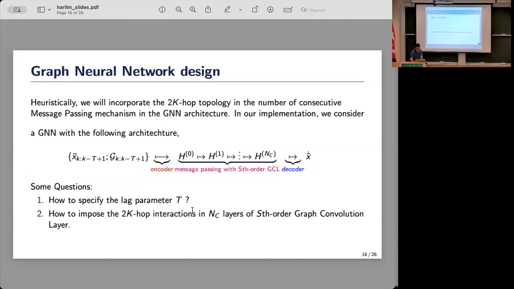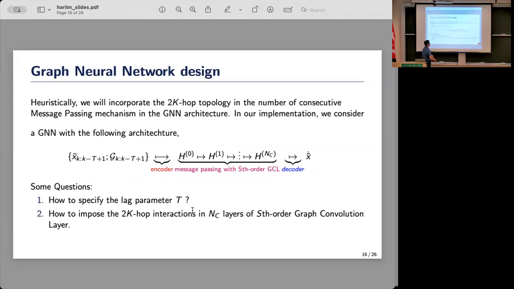Okay. Now, how am I going to use that information to inform graph neural networks? Here, I don't have a fancy picture to show you, but I hope this is sufficient to tell you the implementation that was done by this aerospace collaborator.